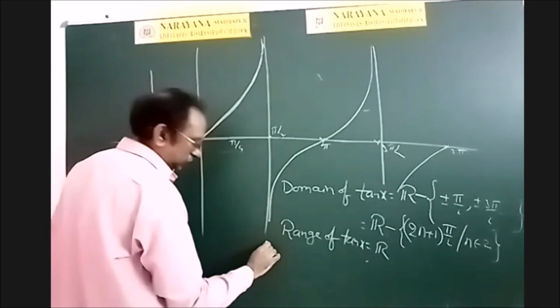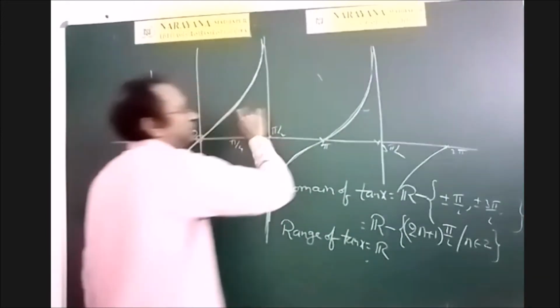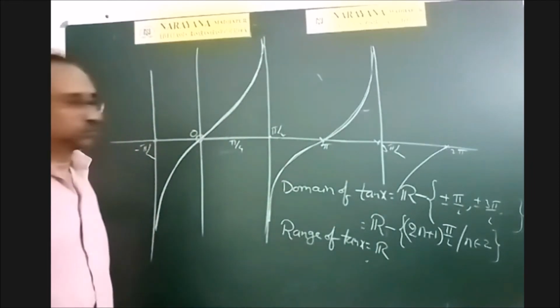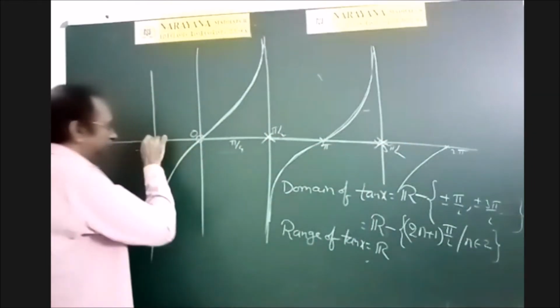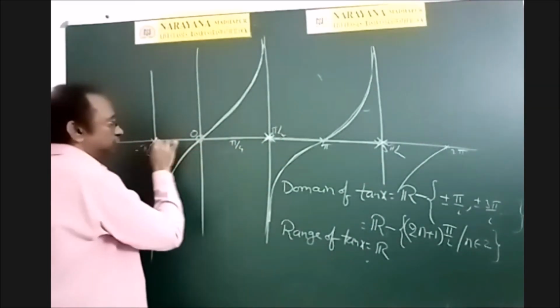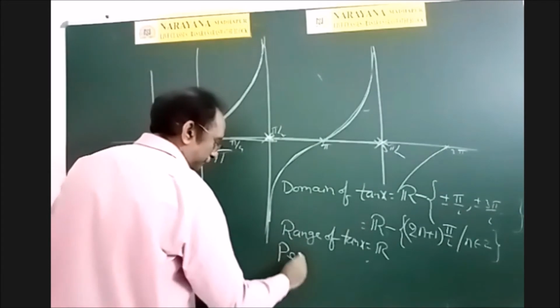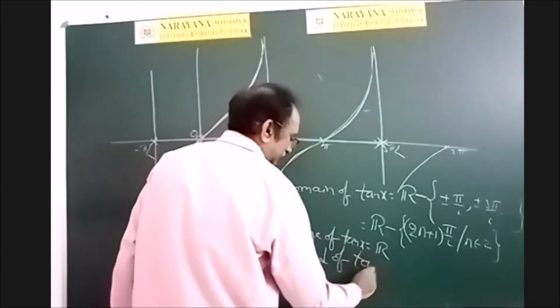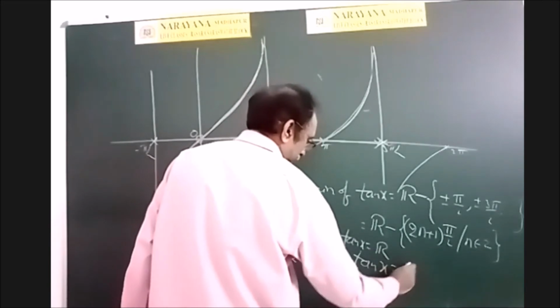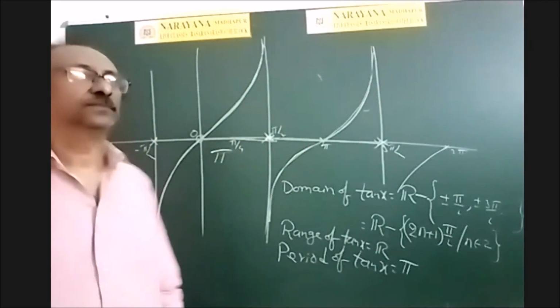But again, from pi by 2 to 3 pi by 2, the same graph is repeating. So what is the length? From this to this, or from this to this. So this length is pi. Therefore, period of tan x is pi. Observe the difference between tan x and sin x. Here period is pi only, not 2 pi. Okay, madam.